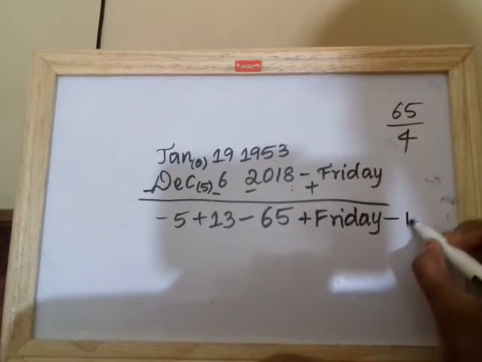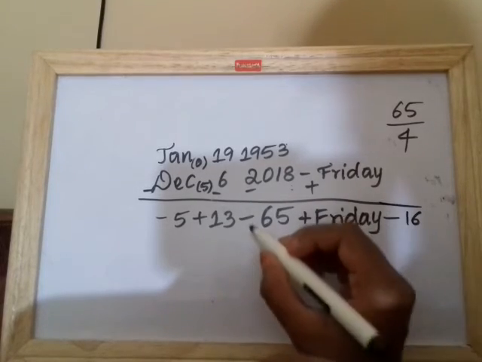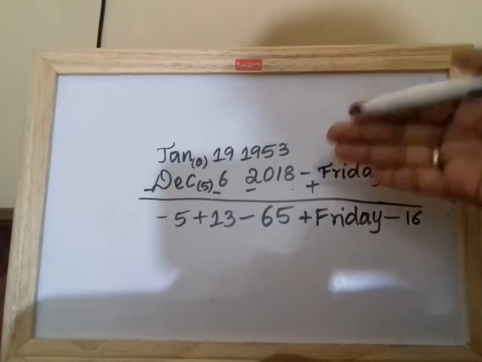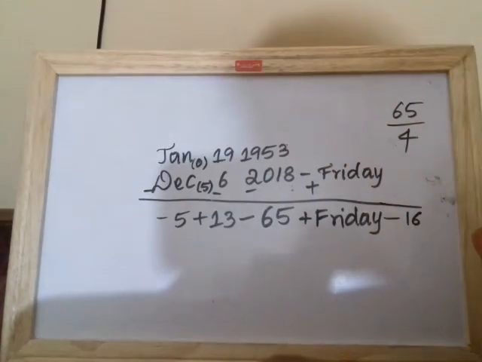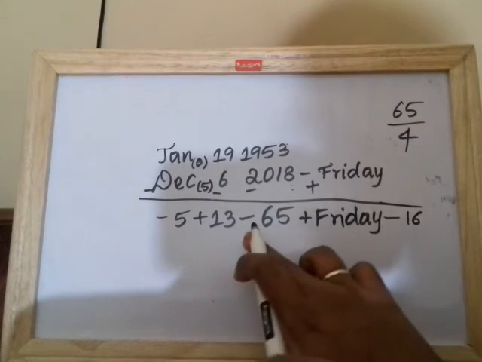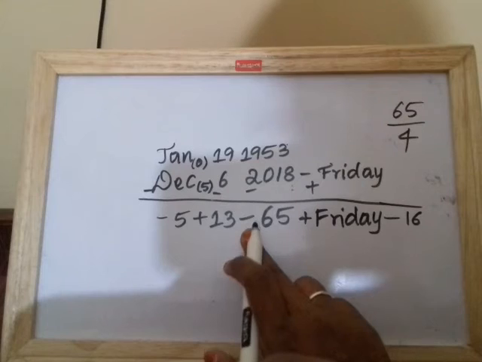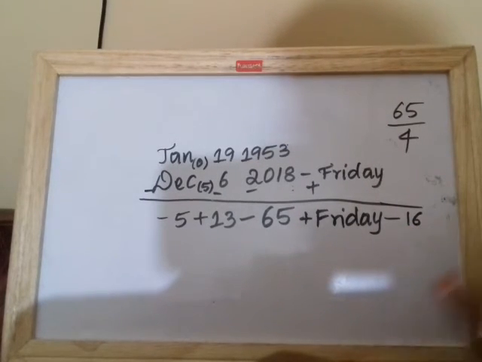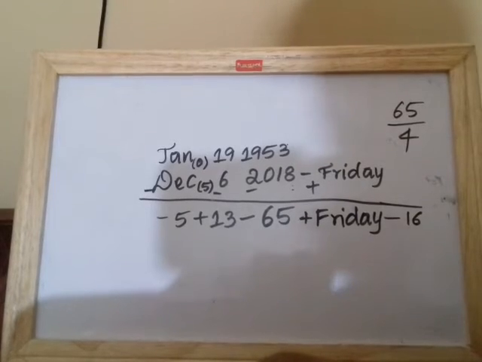So we'll minus 16. The only logic is because we are going from front to back, means the day of present is known and the past should be known. So minus whatever symbol you get here should be used while adding or subtracting the leap years.